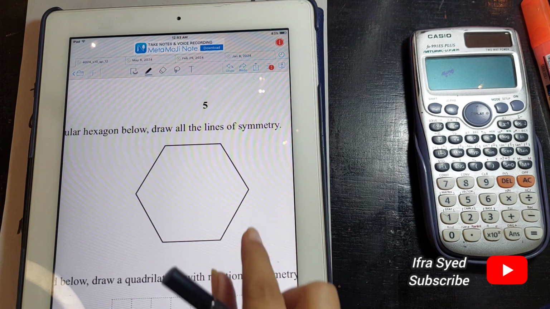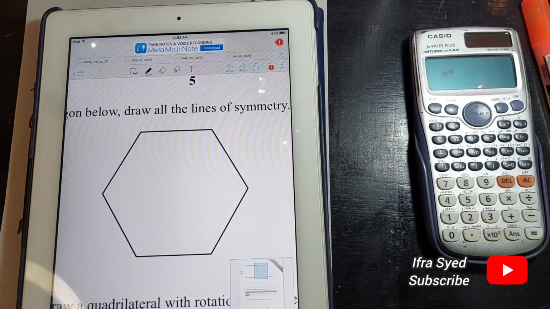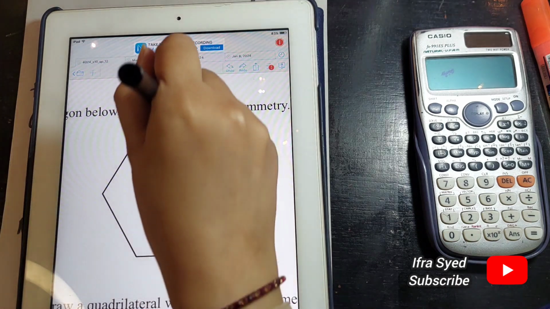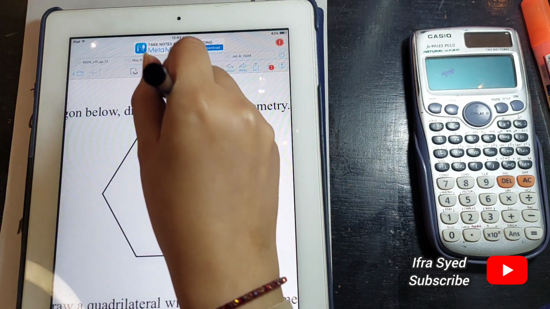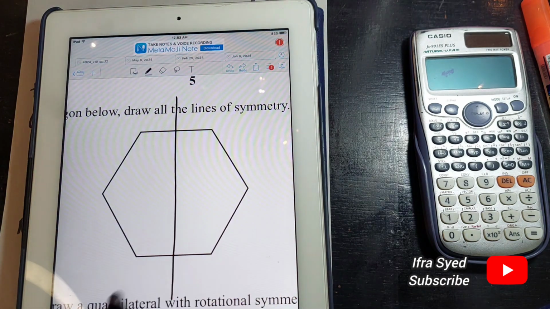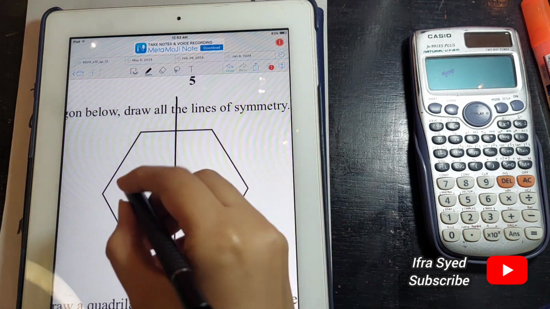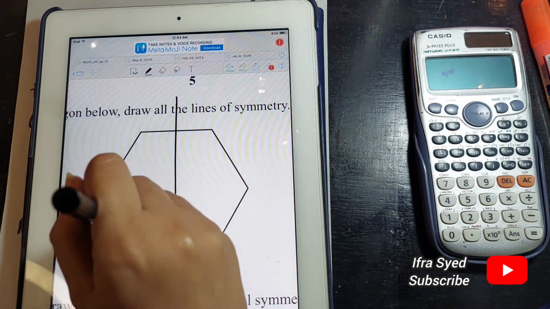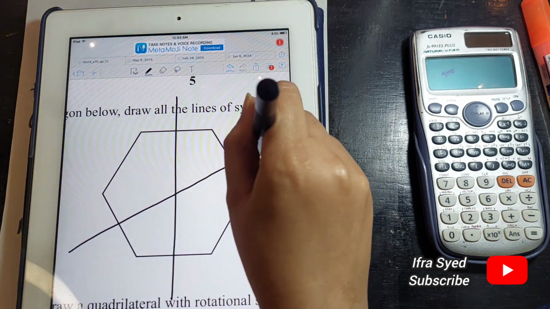So let's draw all the lines of symmetry in it. First of all, I draw this line. You can easily see that both sides are identical. Now I draw another line of symmetry in it, and that is this.